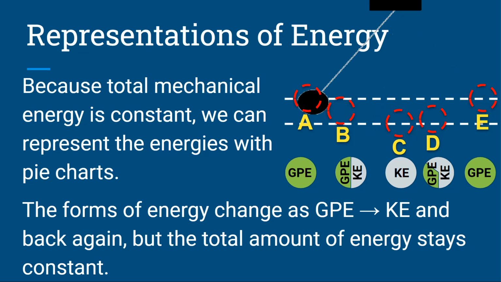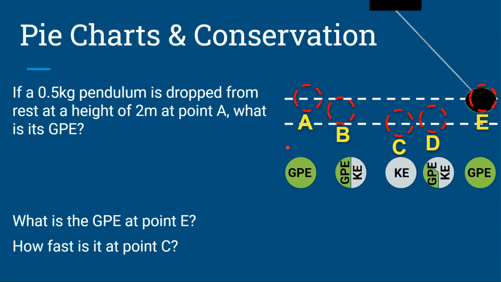Okay, but again, you're representing the different energy forms, and the pie chart should be at least mostly proportional to what you would expect it to look like. Like this one, I wouldn't want to show more gravitational potential than kinetic, for example, because it's obviously not closer to that end. If I had it up higher, I could do that. But we're not going to measure and make sure you have the exact right percentage of your pie chart. Just make sure it looks reasonable.